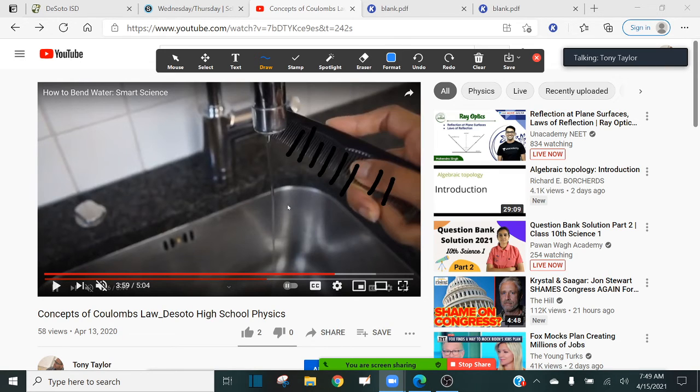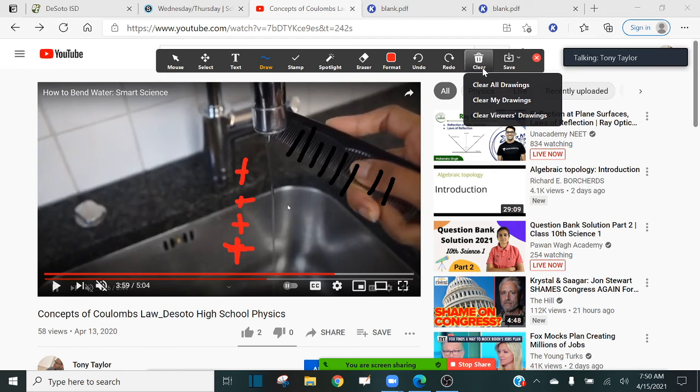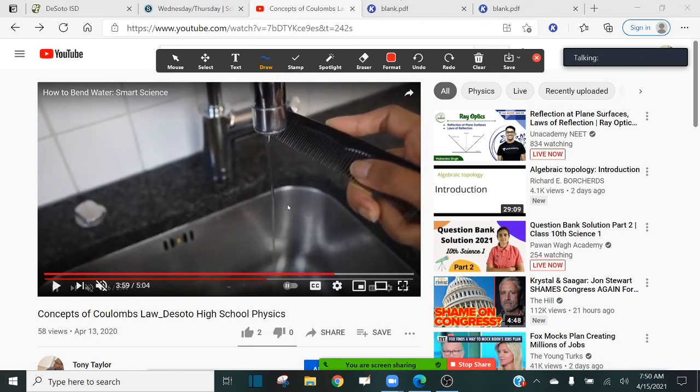What's going on here is that the negative charges on the comb are being attracted to the positive charges on the water molecule. So the negative charge on the comb is attracting the positive charges on the water molecule, and it causes the water to bend. That's how that bending is taking place.